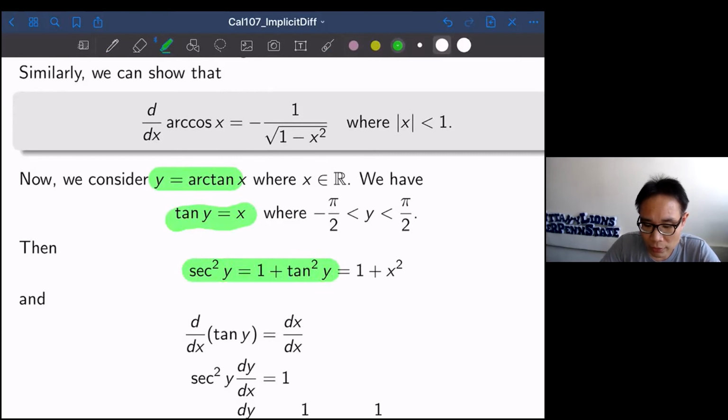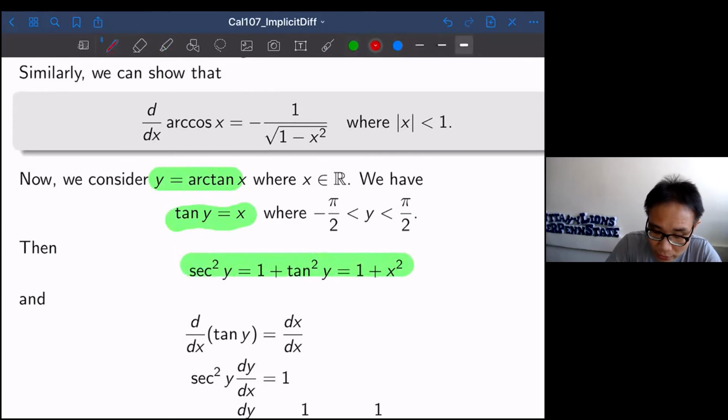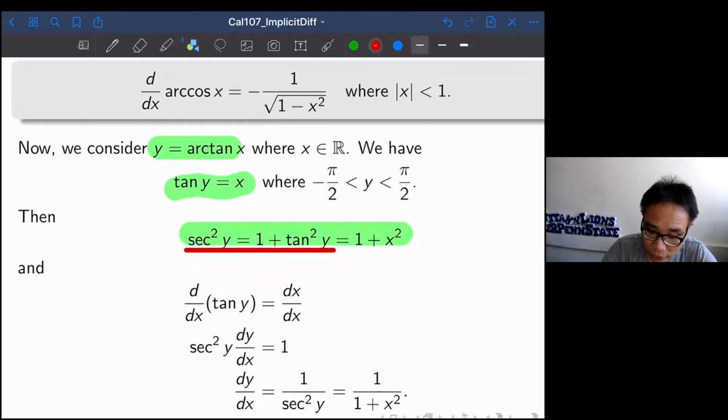So you get sec squared y equals 1 plus x squared, since tan squared equals x squared. This is the relation, and you're going to differentiate. Like we did in the previous case, this one is your first step, this one is your second step. So you differentiate implicitly.